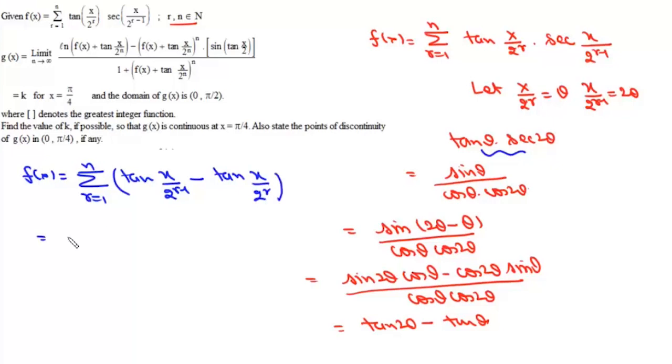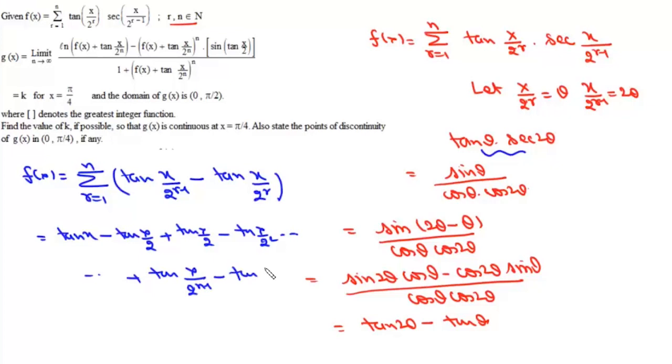Now if we put values of r, we'll get this as tan x minus tan(x/2) plus tan(x/2) minus tan(x/2^2), and will continue up to tan(x/2^(n-1)) minus tan(x/2^n).